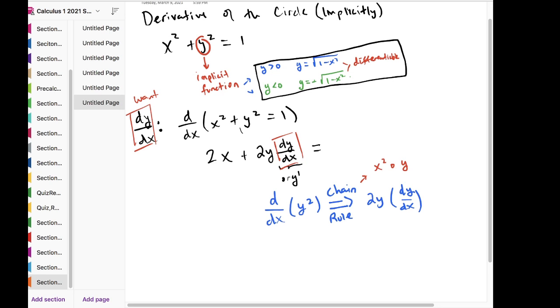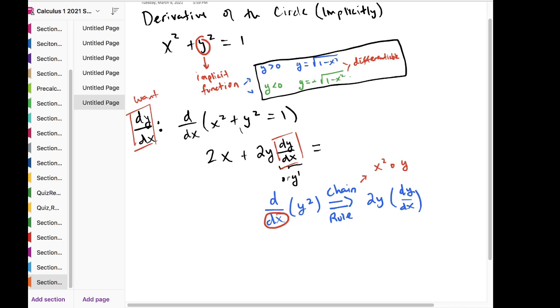Okay, so any questions why the derivative of y squared is 2y dy dx? And again, it's not just the derivative of y squared. So this is a very important thing.